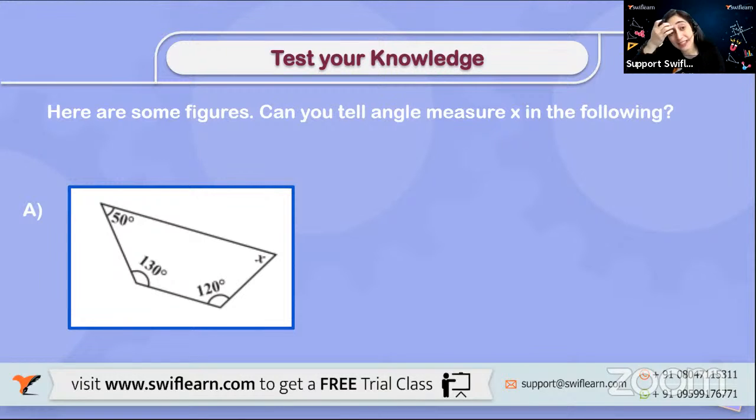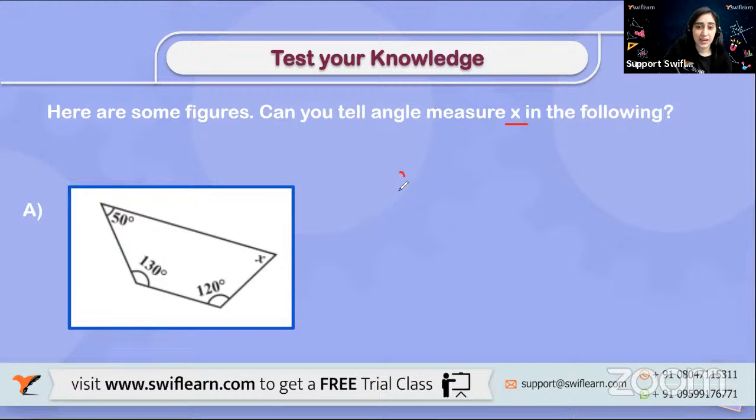Okay, now you have to tell me the measurement of x. This is a little easy question, but you may find it complicated when you don't know what exactly the value is. Great, good going, Mohit. Well done. Can you tell me the measurement of x in the following? This figure has angles of 50 degrees, 130 degrees, 120 degrees, and x.